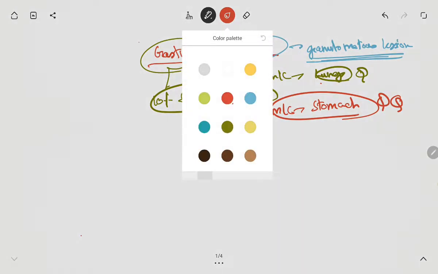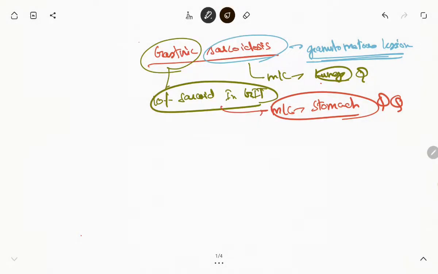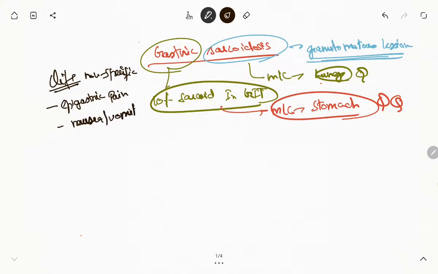So how does it present? Gastric sarcoidosis presents with clinical features that are non-specific or prodromal. That includes epigastric pain, nausea, vomiting, weight loss.